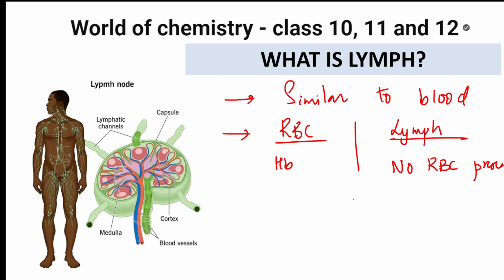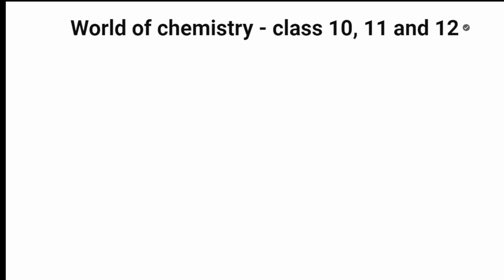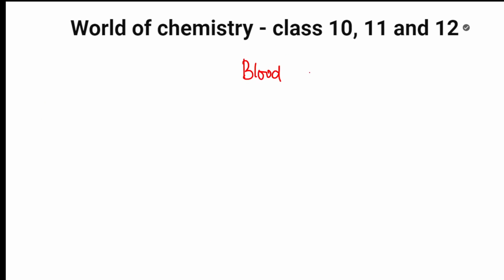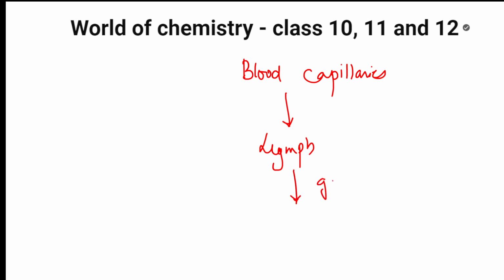So what does this lymph do? Basically lymph from the blood capillaries, as you have seen in the diagram now, see here blood vessels, careful, from the blood capillaries, the lymph goes to whatever lymph present in the lymph node. Where does it go? It goes to intercellular spaces.